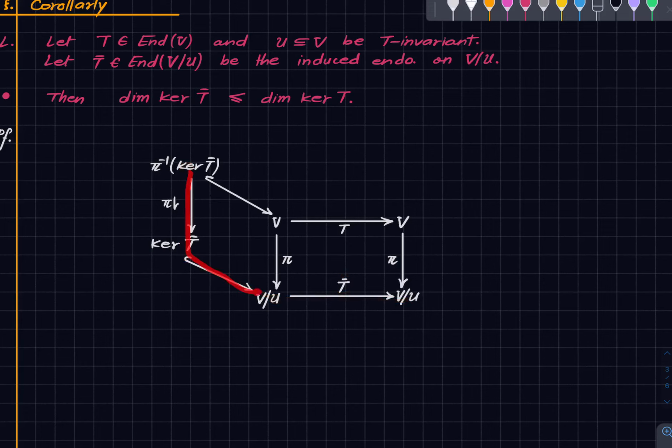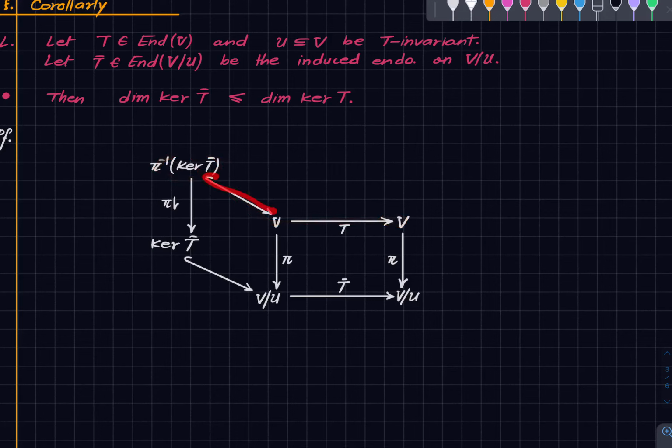So in this path, anything that you start with becomes 0. Therefore in this path, the same thing should happen. So you come here, you come there, and then you become 0, which means when you reach this junction, you should be in the kernel of pi, but the kernel of pi is precisely U. So everything here is mapping into U, right?